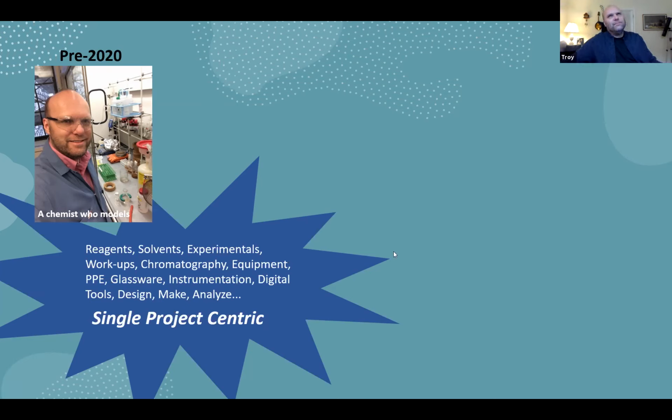So a lot of chemists will simply rely on their CAD colleagues to help them model things, come up with ideas, or prioritize ideas. And each chemist becomes very single project centric. There are opportunities to see what's going on in other projects, but unless you're really able to multitask, it's a challenge.